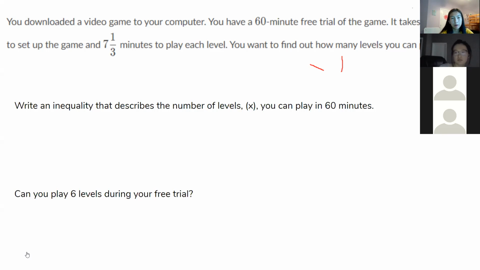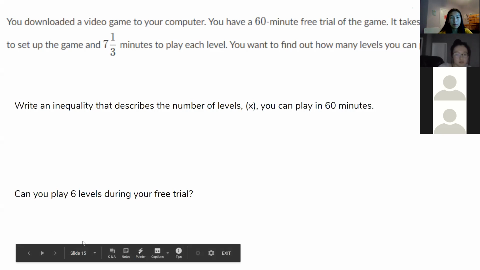So that's going to be our B in the case of equations, and still B in the case of inequalities. In other words, we're not multiplying that by x. And then for the 7 1/3, that would be a rate, right? And then it would be our slope. It would be the amount of minutes it takes for each level.